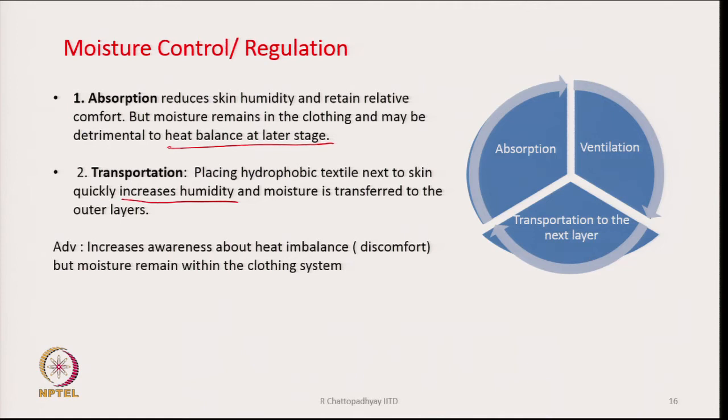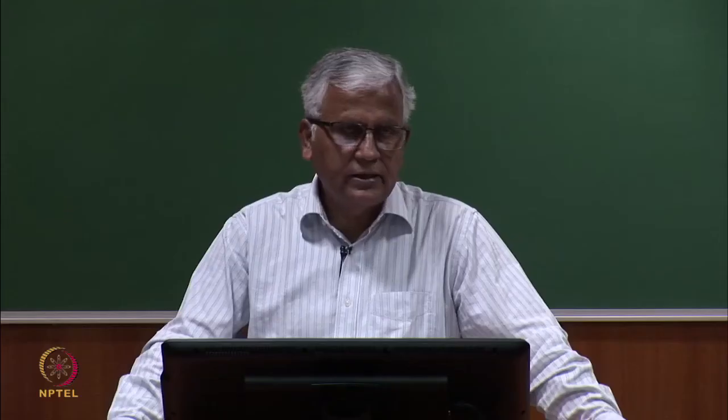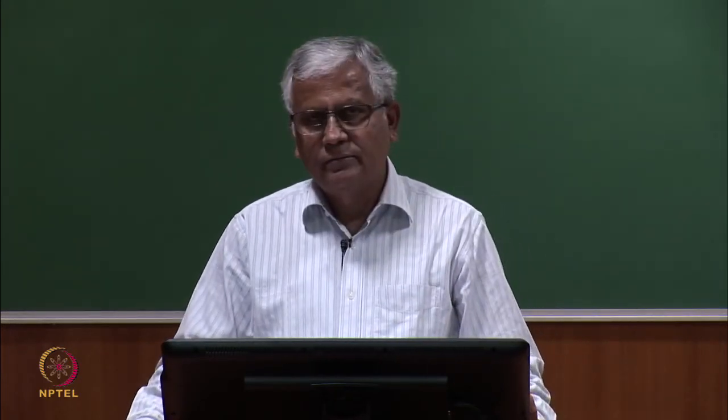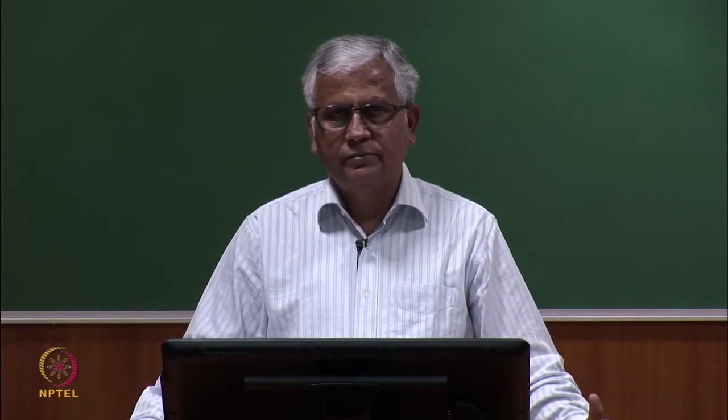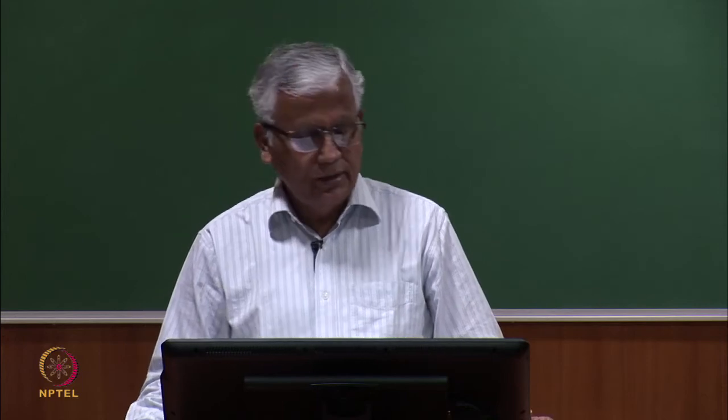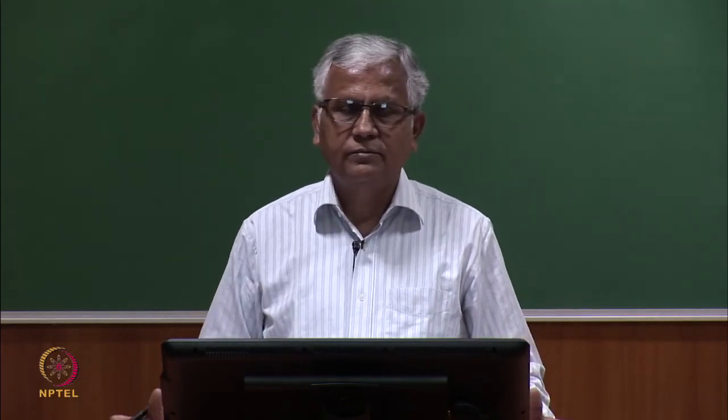So, the moisture will accumulate between the fabric and the skin, and that microclimate will get saturated with moisture very fast, and the person will start feeling discomfort, because whatever is getting generated, the same amount is not crossing the fabric barrier at the same rate, and hence moisture is going to accumulate between the fabric and the skin. So, you will start feeling discomfort very fast.